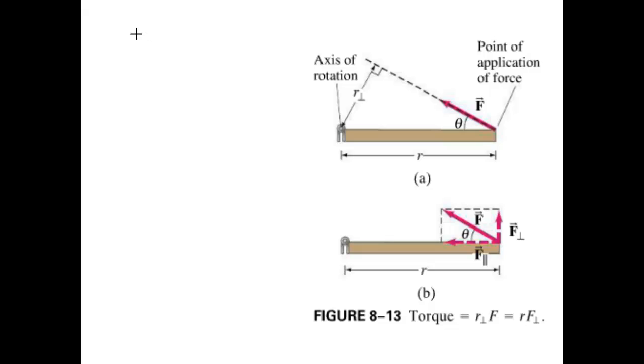So the key to solving these torque problems is to be able to identify this lever arm and be able to say that the torque is equal to the lever arm multiplied by the force, where to find the lever arm we look at the line of action along which the force acts, and then find the line that is perpendicular that goes through the pivot point, and we have a triangle with r perpendicular on this side and the distance r on this side.